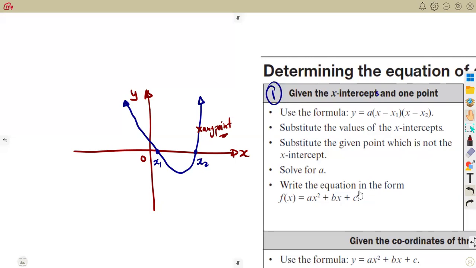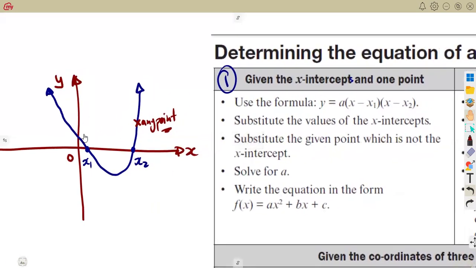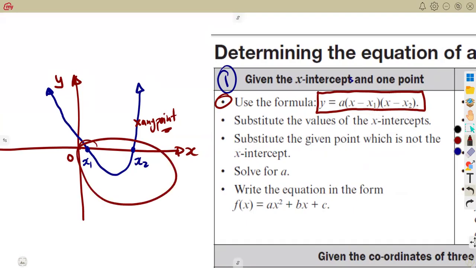In this situation, or when you have got this condition, you can have the equation of the quadratic function by using this formula: y is equal to a into x minus x1 into x minus x2, where x1 and x2 are the x-intercepts.